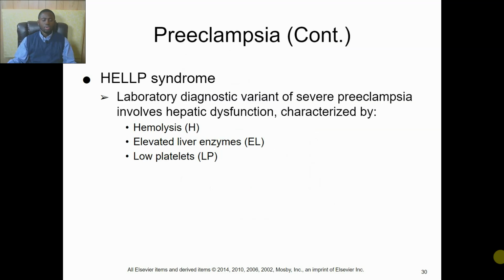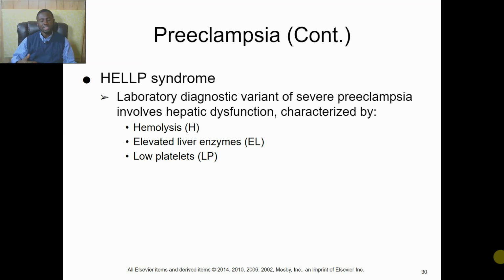All right. With preeclampsia, the patient can develop what we call HELLP syndrome, and this is hemolysis, elevated liver enzymes, which will mean that the liver is compromised, and low platelets. Low platelets would predispose the patient to bleeding also, because remember that platelets are responsible for clotting your blood.